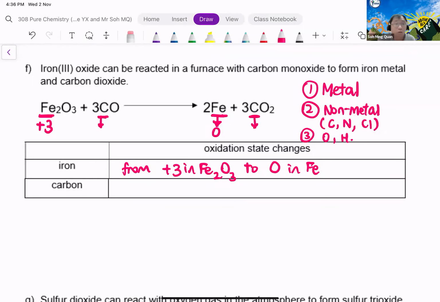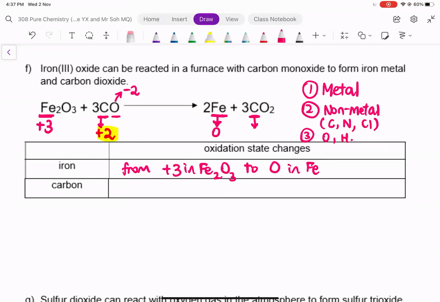So carbon is +2 in CO. How about CO2? What's the oxidation state of carbon in CO2? Jiabao? +4. Yeah. Okay. So let's write it down now, from +2 in CO to +4 in CO2.